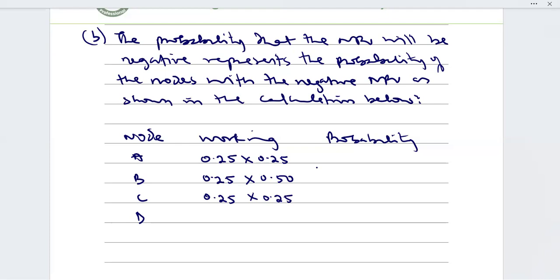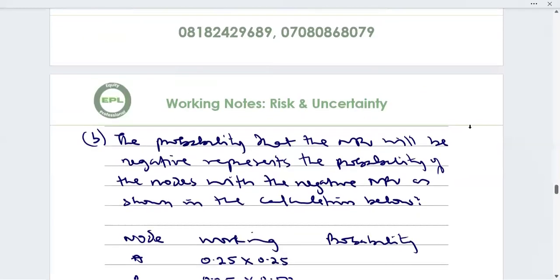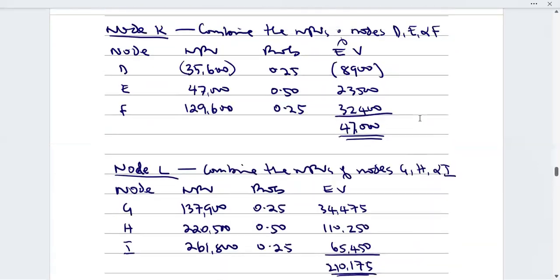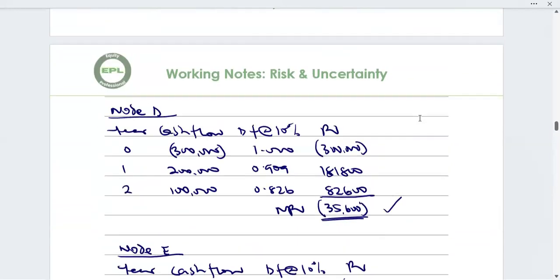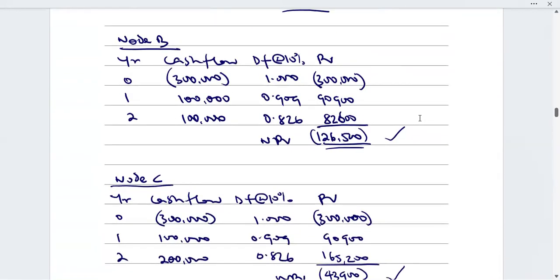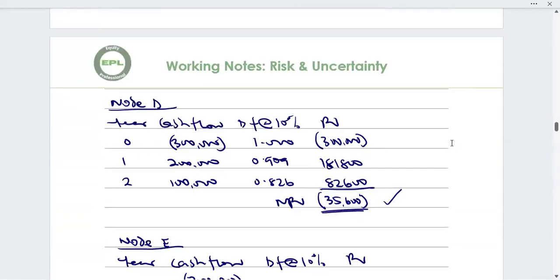Probability of node D in year 1 is 0.50 multiplied by probability of node D in year 2, which is 0.25. Let me confirm that. Okay, correct.